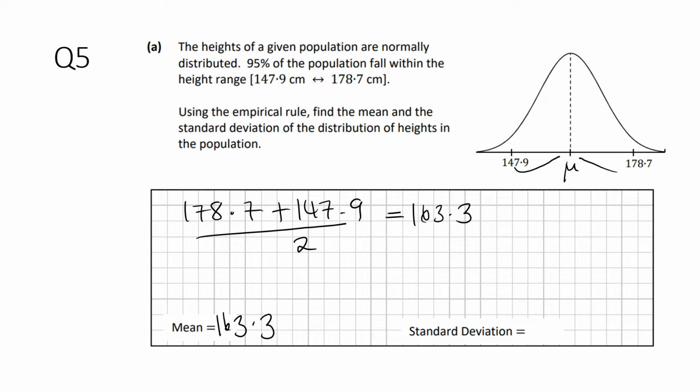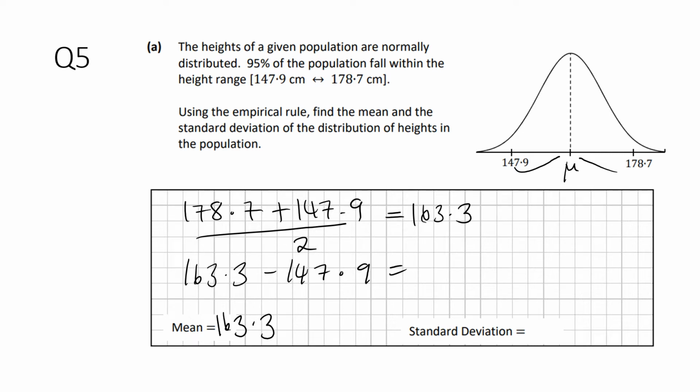If you find the difference between the 147.9 and the 163.3, that will tell you what the standard deviation is. You can do 178 minus the 163.3 and you'll get the same answer. And that gives us 15.4.